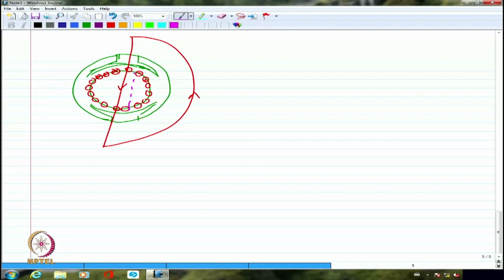So, the mutual inductance will be a function of cos theta. When they are aligned, I will have maximum mutual inductance. When they are completely unaligned, I am going to have minimum mutual inductance.